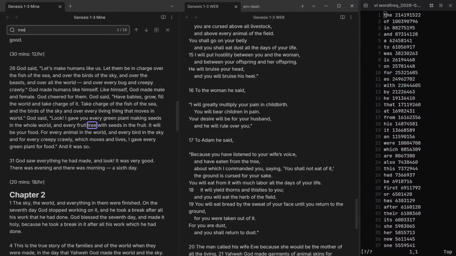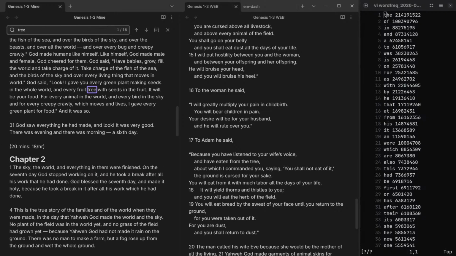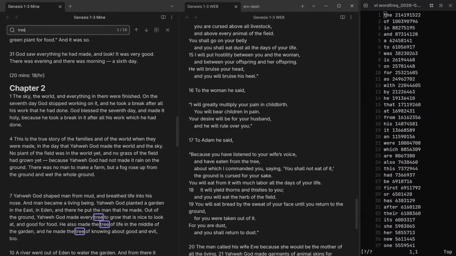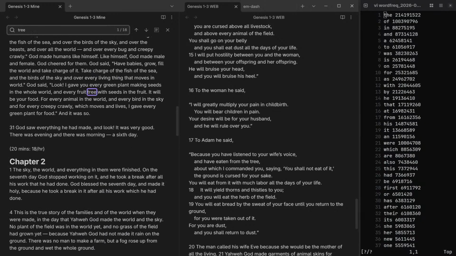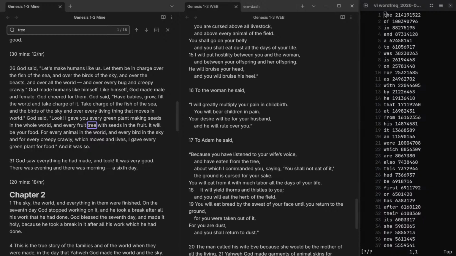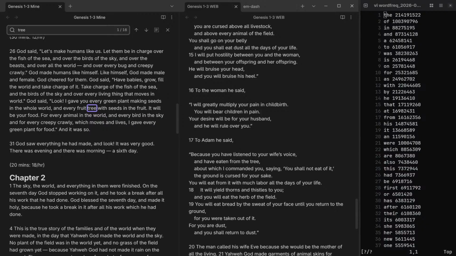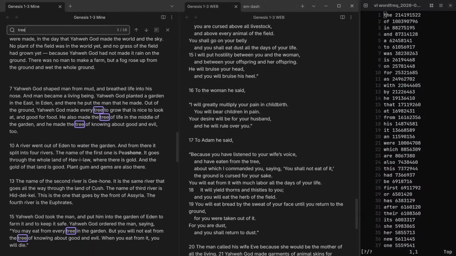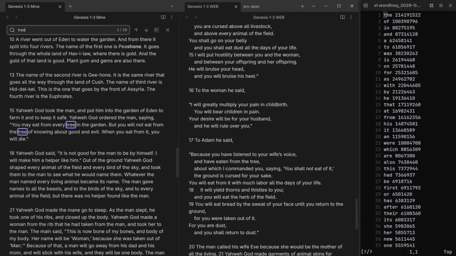I know I said it differently before. You may eat from every tree in the garden, but you will not eat. I'll just say cannot eat.